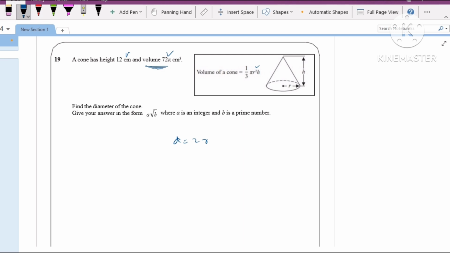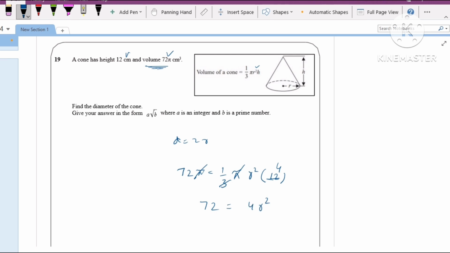So volume is 72 pi is equal to 1 over 3 pi r square. We don't know r, so r square, and height is 12. So this pi will be cancelled out with pi. 3 ones are 3, 3 fours are 12. So 72 is equal to 4 r square.